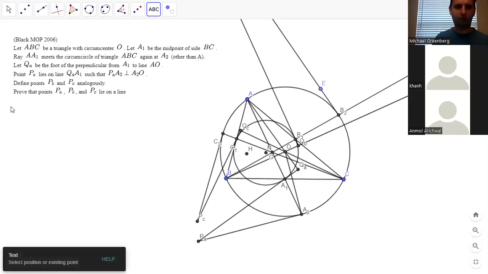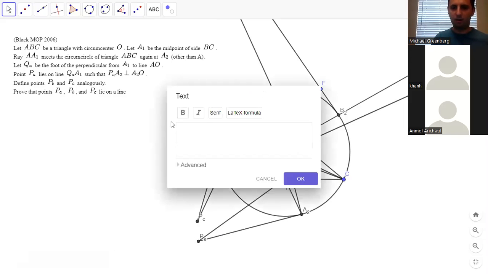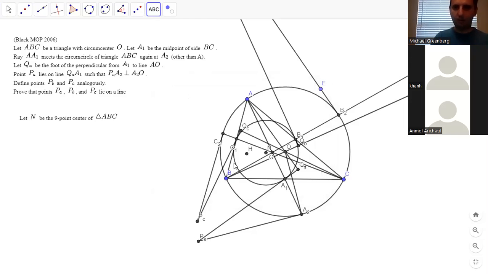So first of all, let N be the 9-point center. And then by a homothety about G with ratio 1/2, or -1/2, we find that NA1 is parallel to AO.